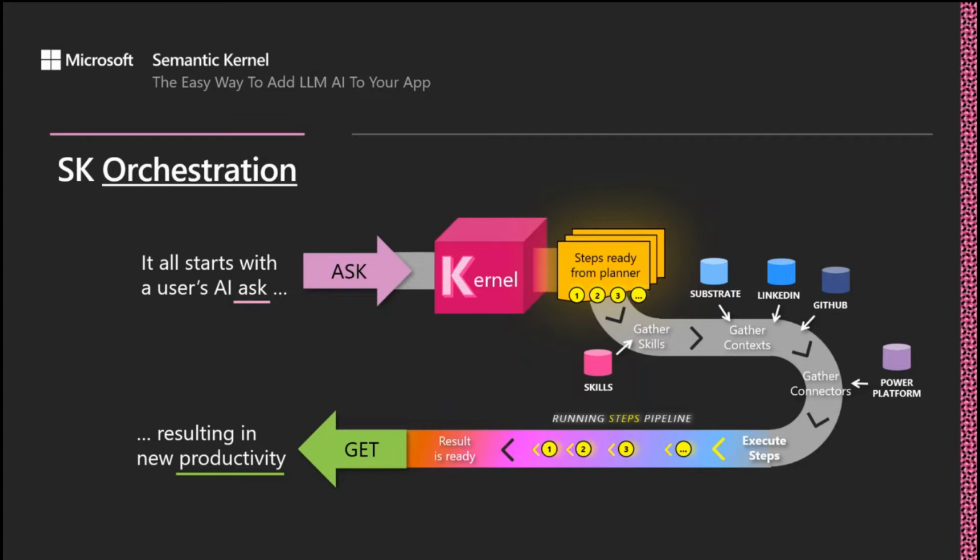I can stitch it together instead of 1, 2, 3, 4. I can do it 1, 2, 7, 9, and get the results you're looking for based on the skills. And then Semantic Kernel can take that plan that was put together and run it and get the results back for you.